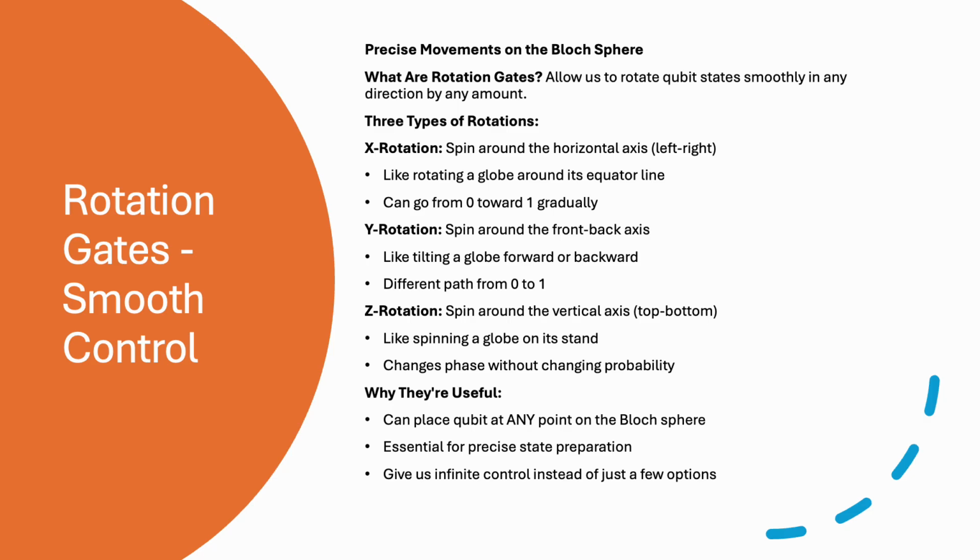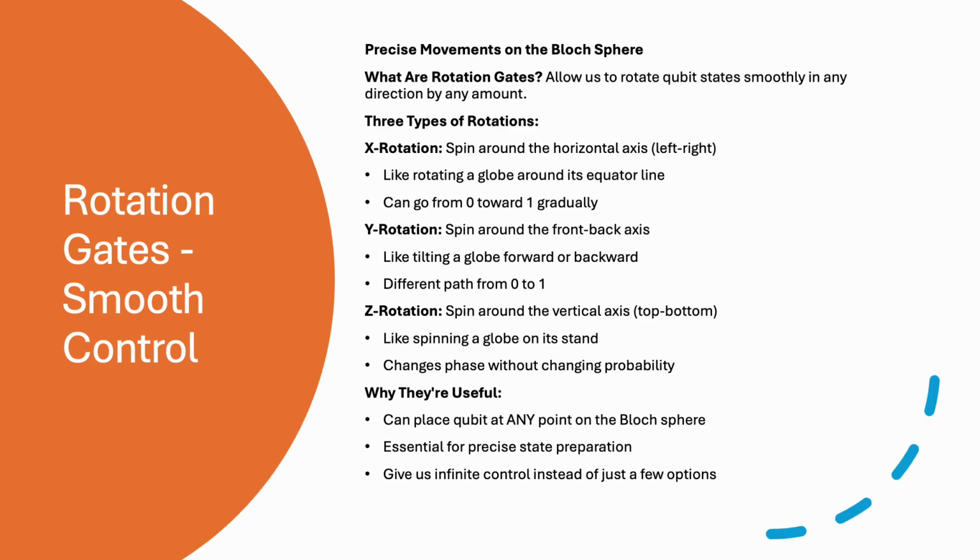The Rz gate rotates around the vertical z axis, like spinning a globe on its stand. Each of these rotations can be performed by any angle. You could rotate by 30 degrees, 17 degrees, or any other amount you need.